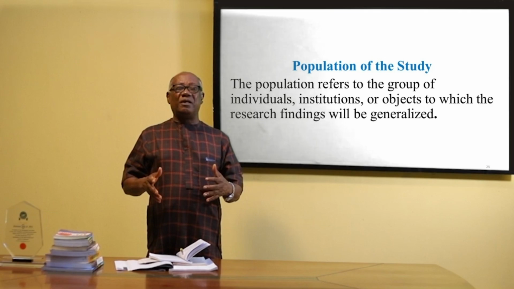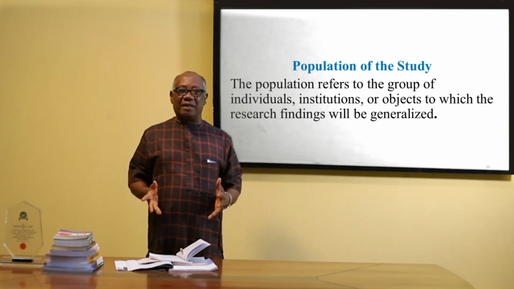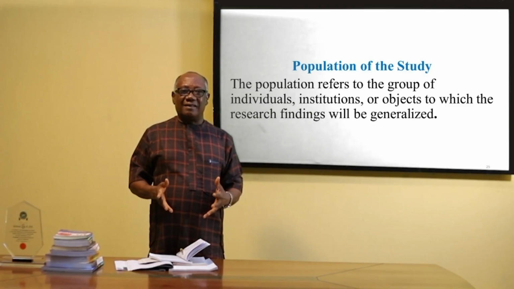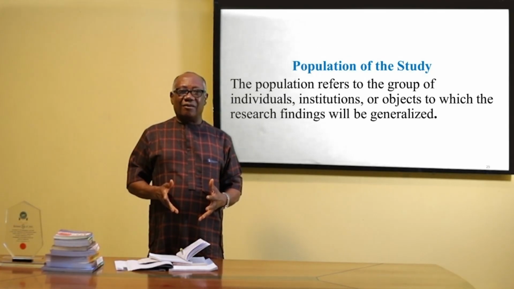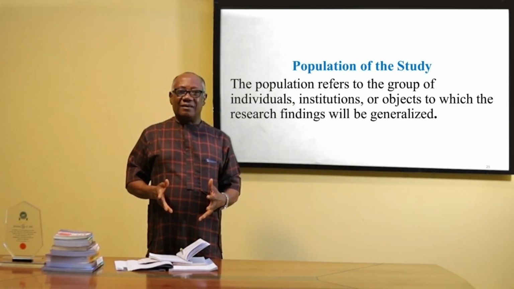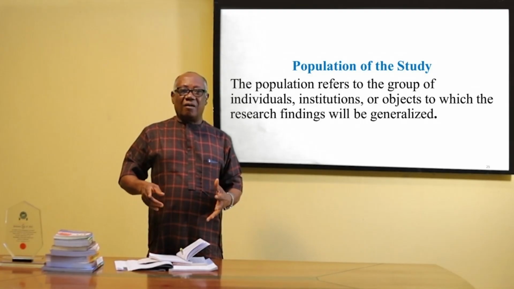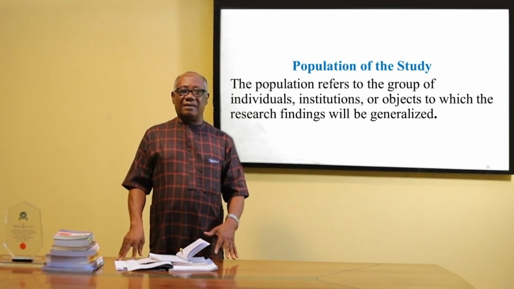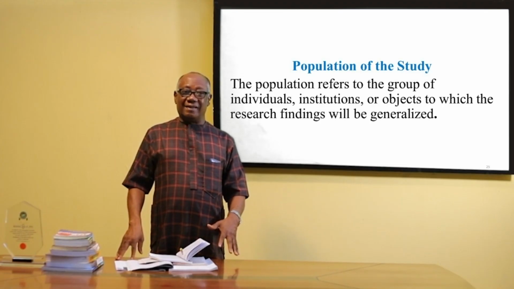So population could be SS3 students, it could be all teachers in Delta State or in Nigeria, it could be all the heads of tertiary institutions in a state.